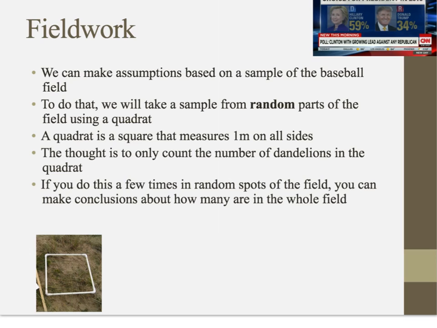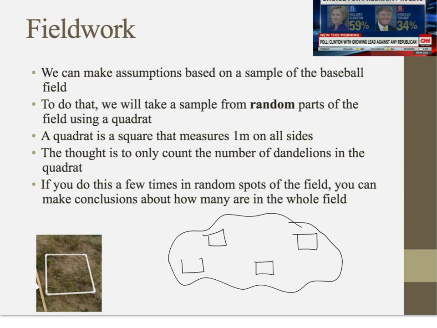So if this is my area, the thought is to use my quadrat to count the number of individuals in different areas, and then figure out how many quadrats it would take to cover my whole area and extrapolate based on that.